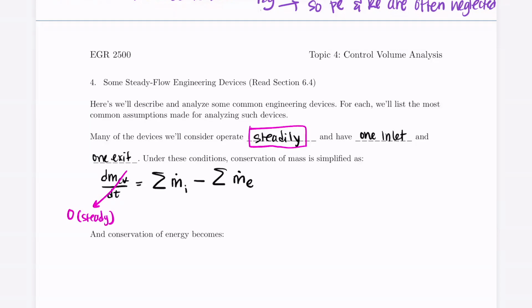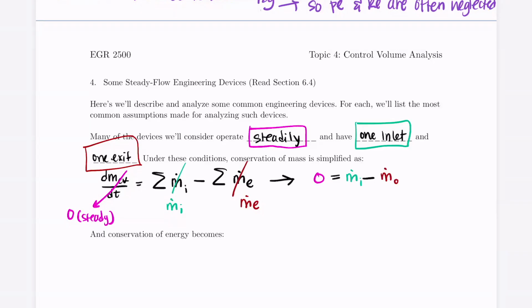And since we have one inlet and one exit, the inlet just becomes m dot i and the exit just becomes m dot e, so we can drop the sums. What we end up with is 0 equals m dot in minus m dot out, exit.